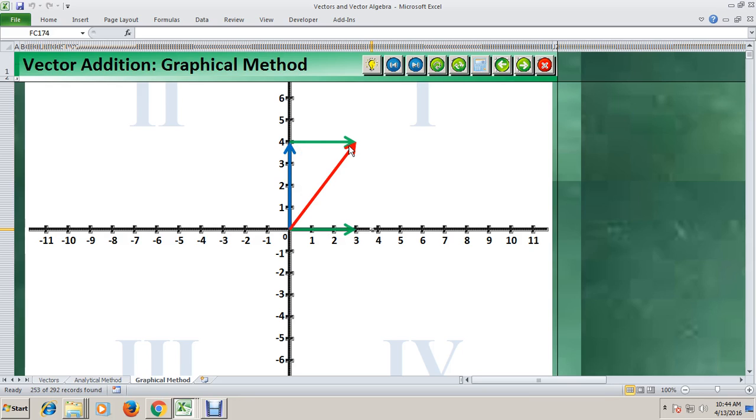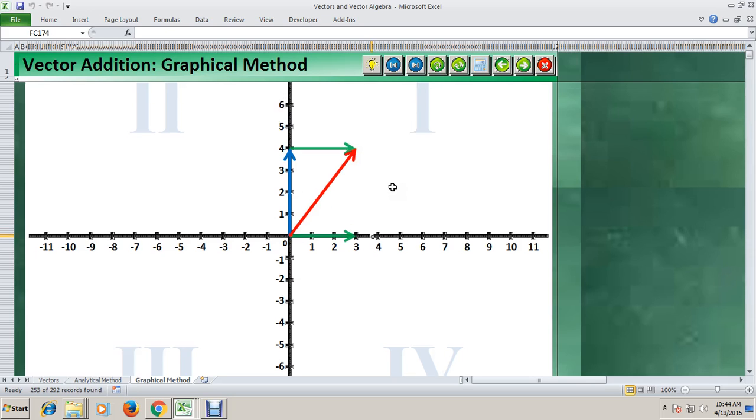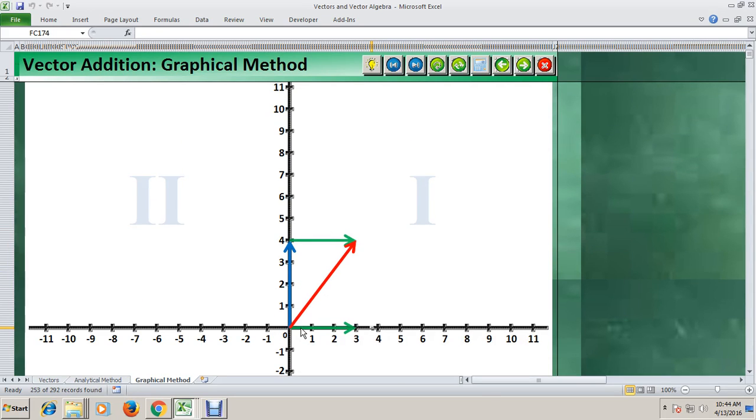You draw the second vector from the tip of the first vector, and the resultant vector is the vector drawn from the tail of the first vector ending up to the tip of the last vector. So even though we cannot see the resultant vector when drawing the vectors from the origin, we can see the resultant vector if we draw the vectors head to tail.